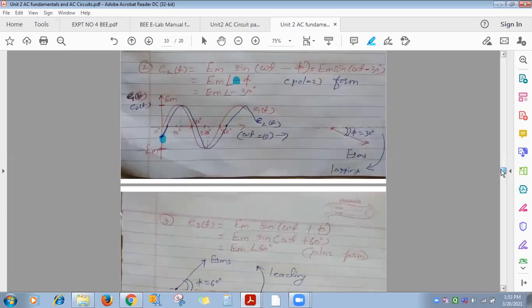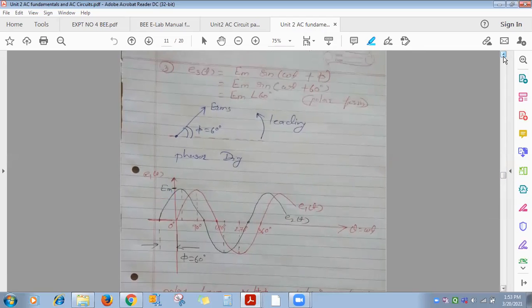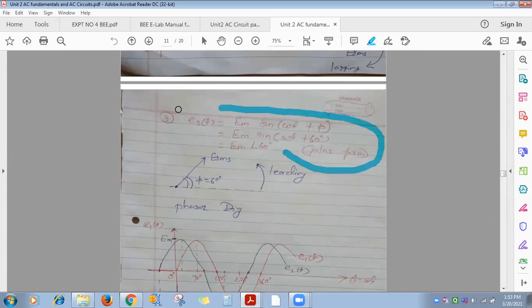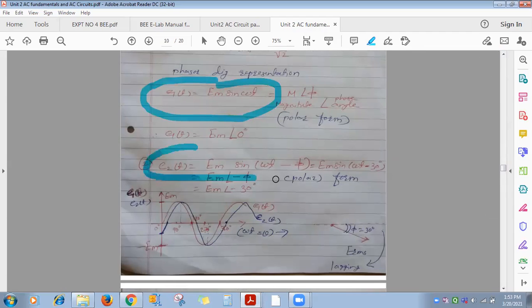And the third waveform is plus 60 degree, so at origin it has some positive value. So plus phi means the third waveform leads the first waveform. Like this we can say E3 leads E1. If you compare E2 and E1, this is Em sin of omega t, this is Em sin of omega t minus 30 degree, so I can say E2 lags E1.